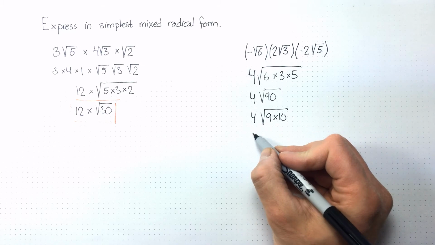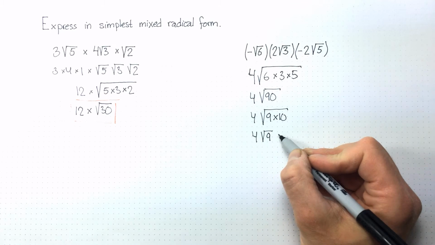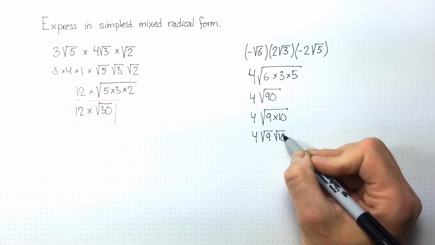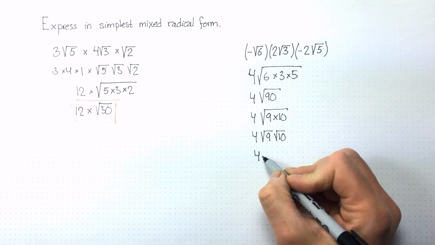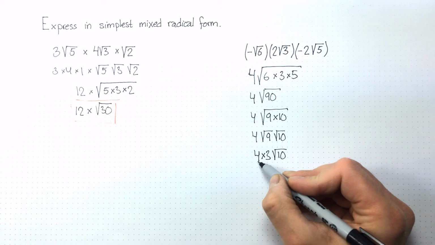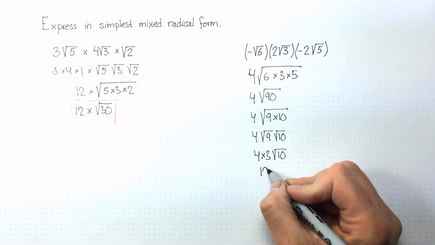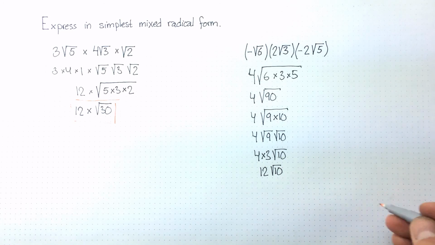So this can be rewritten as 4 times the square root of 9 times the square root of 10. And of course, the square root of 9 is 3, so it'll be 4 times 3 times the square root of 10. 4 times 3 is 12 times the square root of 10. And this is our final answer.